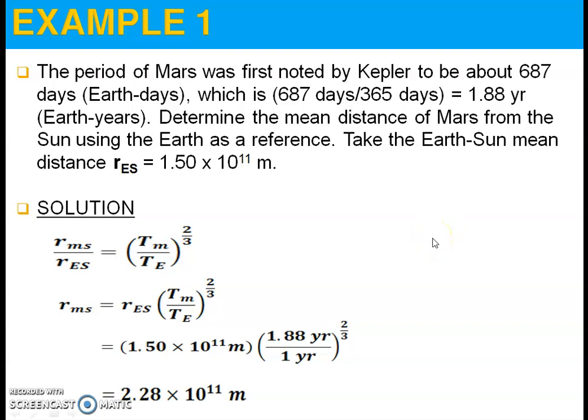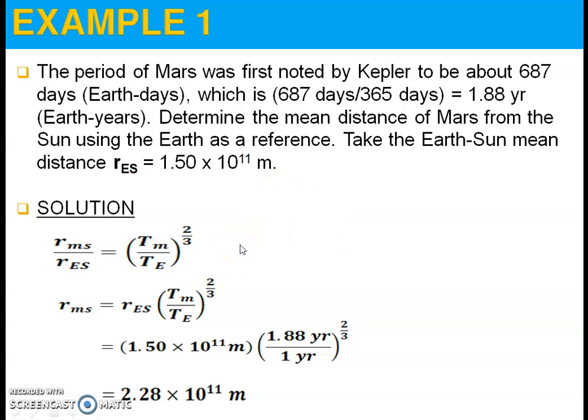Determine the mean distance of Mars from the sun using the Earth as a reference. Take the Earth-Sun mean distance (RES) to be 1.5 times 10 to the power 11 meters.